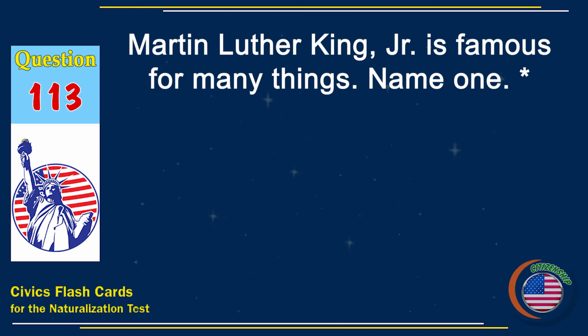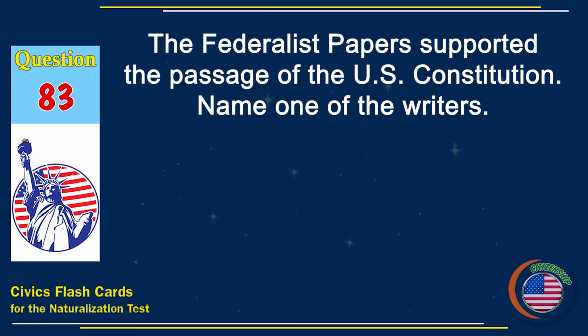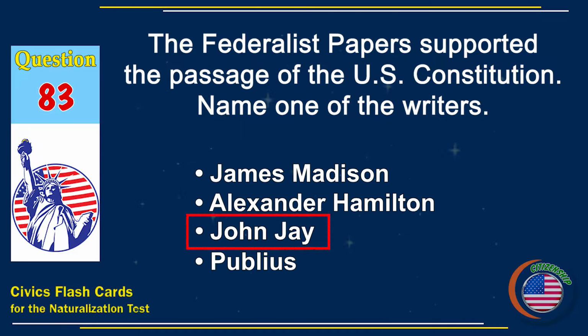Martin Luther King Jr. is famous for many things. Name 1. Fought for civil rights. The Federalist Papers supported the passage of the U.S. Constitution. Name one of the writers. John Jay.